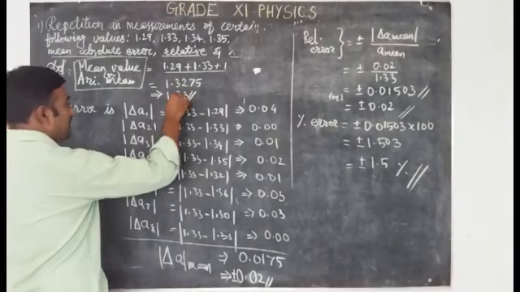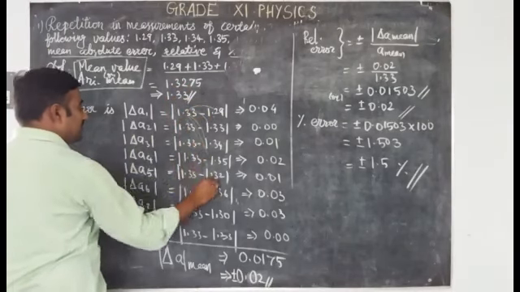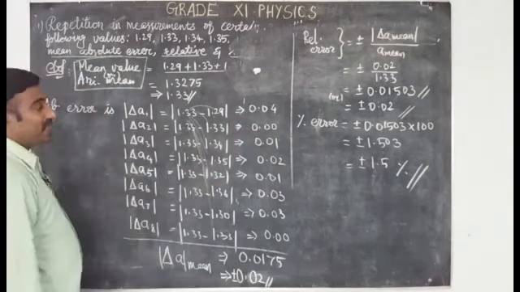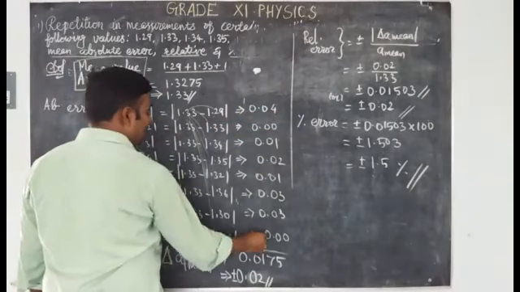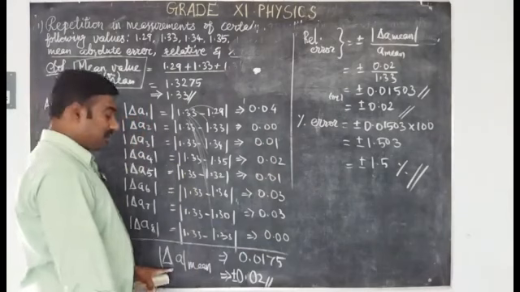Then we compare the arithmetic mean with each individual measurement. The value we get is the absolute error, and we take only the magnitude. The sum or mean of these individual absolute errors is called the mean absolute error or absolute mean.